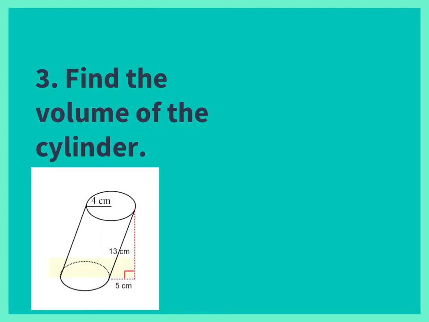Find the volume of this cylinder. As I look at this, I need to remember the formula, which is area of the base times the height, pi r squared times the height. As I look at what I have, I can see that I have my radius. I need to find my height because that is this dimension here. I'm going to call it x. I can see that I have a right triangle here, so I am going to use the Pythagorean theorem to find x. a squared plus b squared equals c squared.